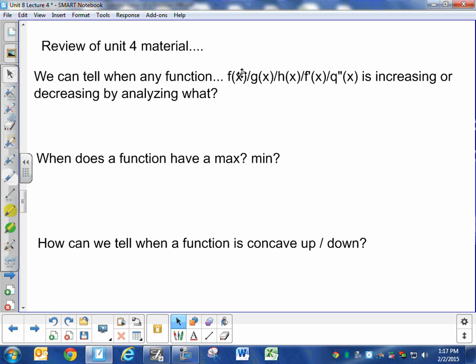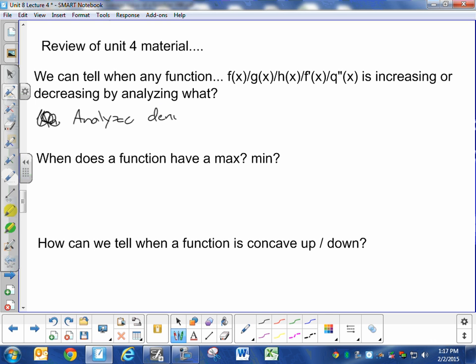How do I tell when something's increasing or decreasing? I'm going to analyze its derivative.